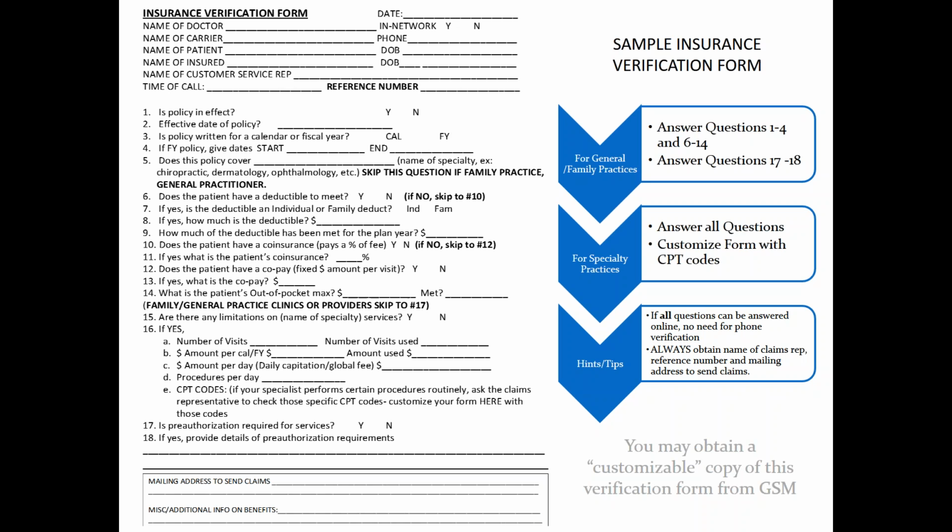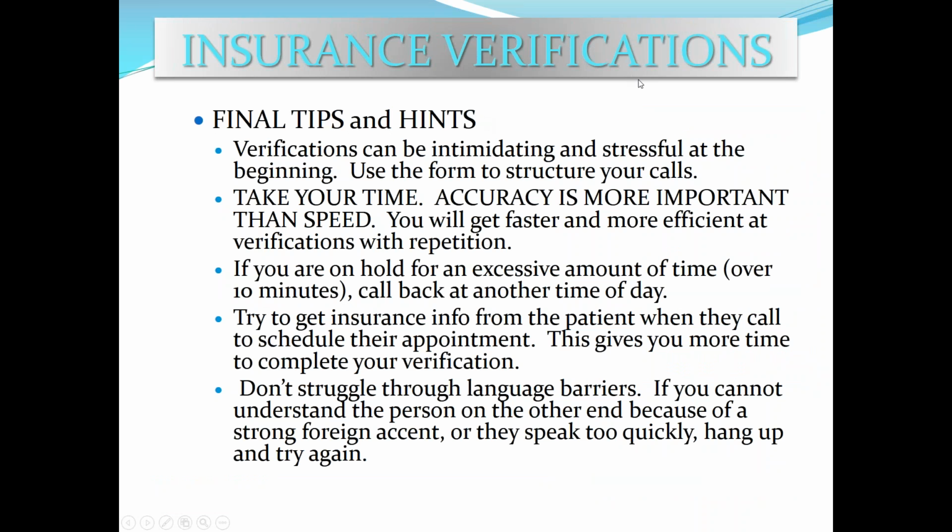So these forms can be customized with specific CPT codes, or, if there's a specific question that needs to be asked by a certain state requirement or something like that, we can certainly customize the forms for that. But for the most part, a form like this or one similar is what you would use to check on benefits on a patient.